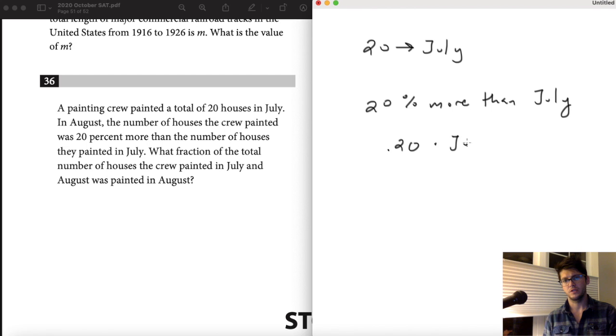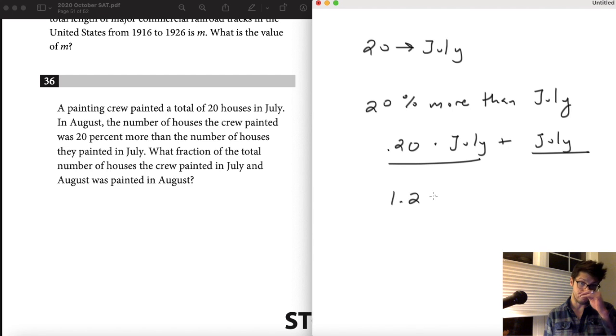This is the additional stuff, and this is the original stuff. Another way of saying that is this is 0.2 July, and this is 1 July, so that's 1.2 July, or 1.20 July. Sometimes it helps to see that 120% of July. 100% of July would be exactly the same amount, no more, and then 20% more.